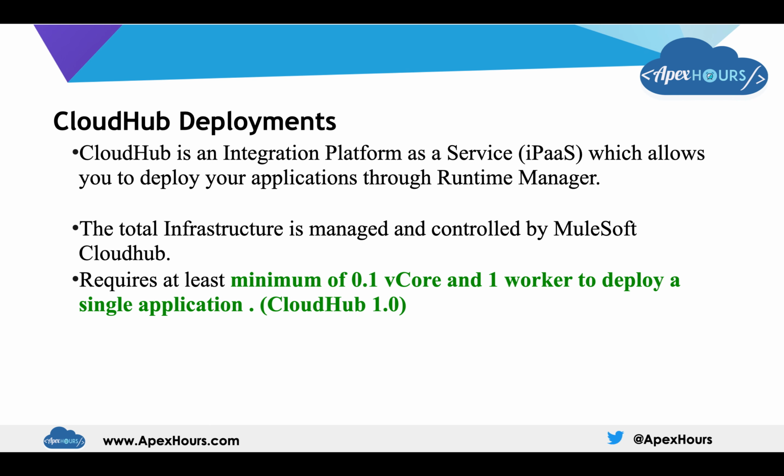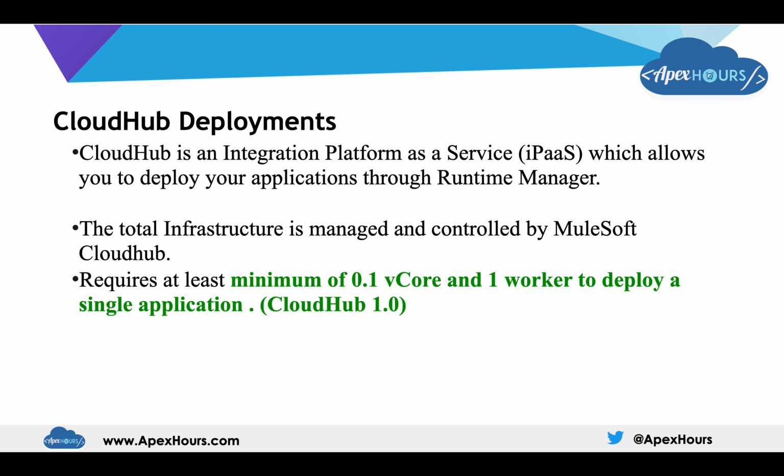All right. It requires a minimum of 0.1 vCore and 1 worker to deploy a single application. And I am talking about the CloudHub 1.0 version. We have the CloudHub 2.0 version as well, but in this session I am going to concentrate on CloudHub 1. CloudHub 2 is also very easy. It's not very hard to deploy. Everything is configuration. When I say 0.1 vCore and 1 worker, imagine your laptop.